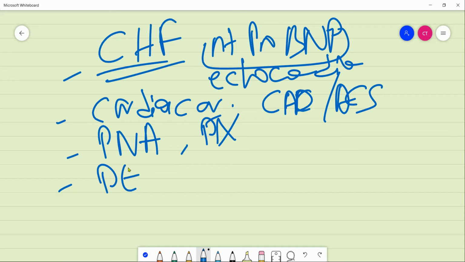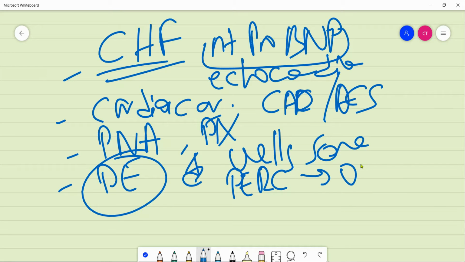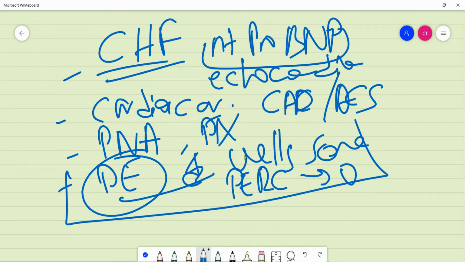Pulmonary embolism, this is really important. And what did we do? We did our Wells score, or if the patient is in a low probability situation and less than 50 years old, we did the PERC score. For example, if the PERC score is 0, we can safely rule this out. And these are the most important ones that we should think about.